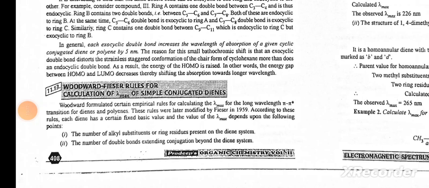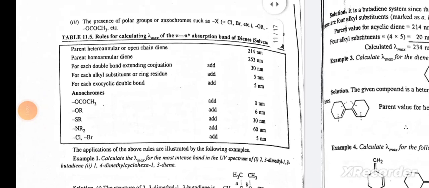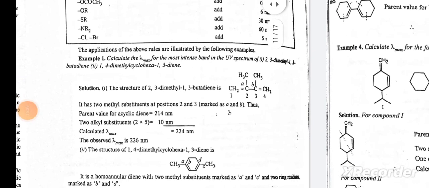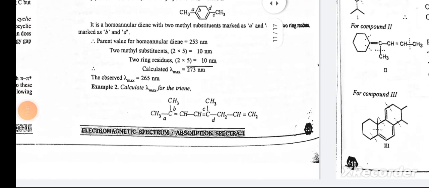According to these rules, each diene has a certain fixed basic value, and the value of λmax depends upon the following points: the number of alkyl substituents or ring residues present on the diene system, the number of double bonds extending conjugation beyond the diene system, and the presence of polar groups or auxochromes such as X, Cl, Br, etc., OR, SR, NH2, O, CO, CH3, etc. The application of the above rules is illustrated by the following examples. Here are the examples.